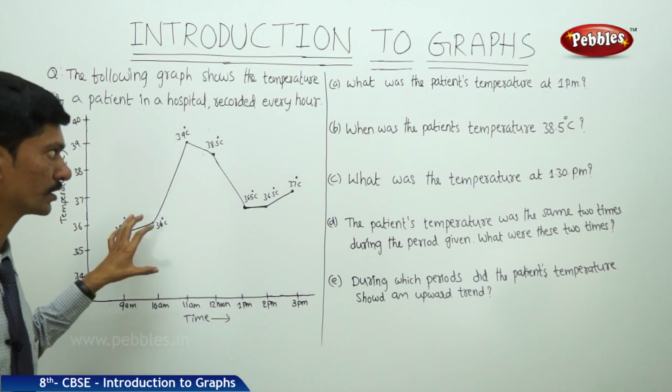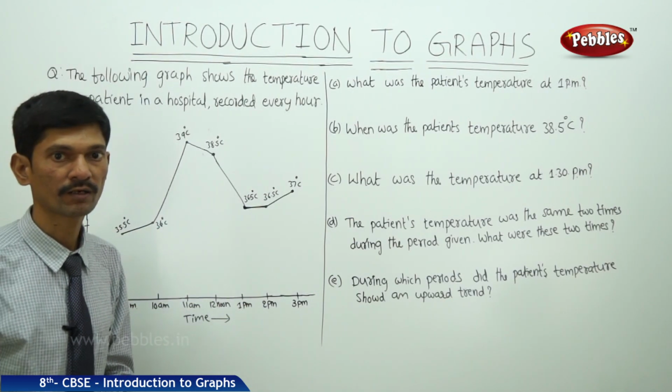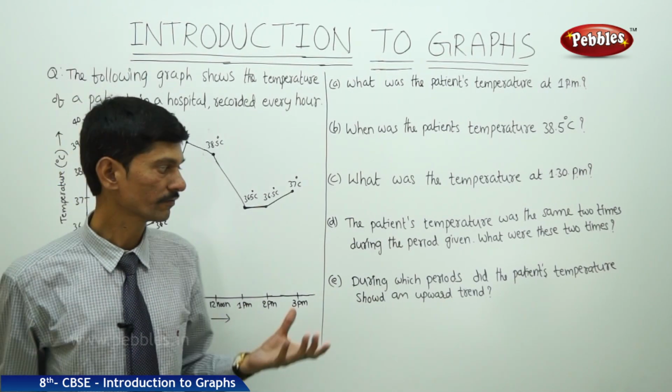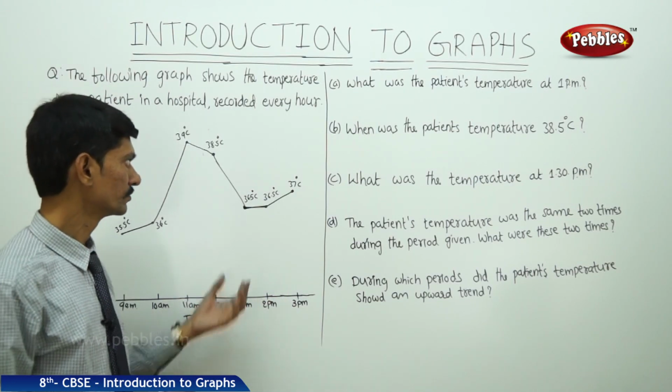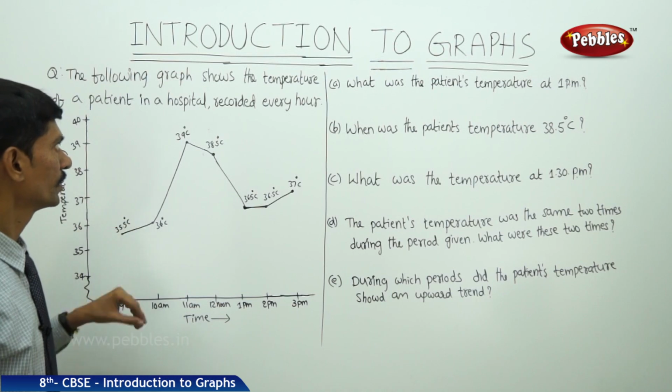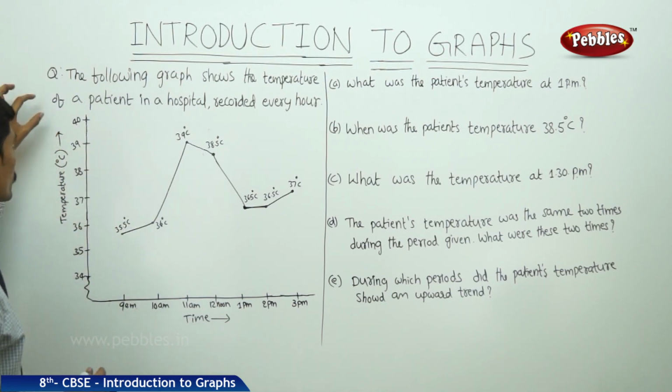So far we have discussed the bar graph, double bar graph, pie chart, which is the pie graph, histogram, then line graph. Now let us solve some problems. The question: the following graph shows the temperature of a patient in a hospital recorded every hour.